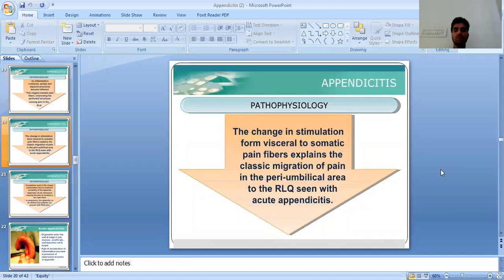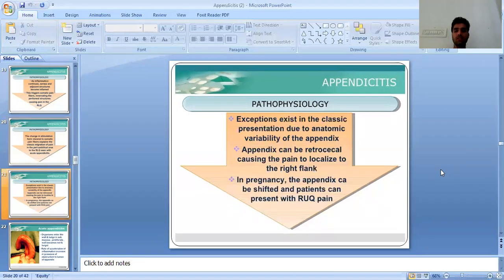The change in stimulation from visceral to somatic pain fibers explains the classic migration of pain from the periumbilical area to the right lower quadrant seen with acute appendicitis. Exceptions exist to the classic presentation due to anatomic variability of the appendix. The appendix can be retrocecal, causing the pain to localize to the right flank.